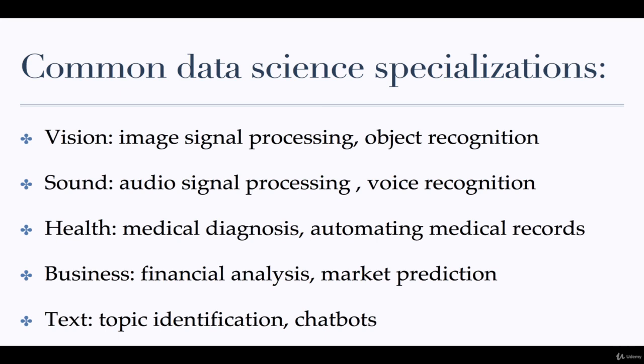You can become a vision expert in data science, where you've learned how to take an image or a video and process it down into something that a machine learning model can read and teach it how to understand the difference between sets of images, or to process or remove aspects of an image. You can use data science to do all of these kinds of things.